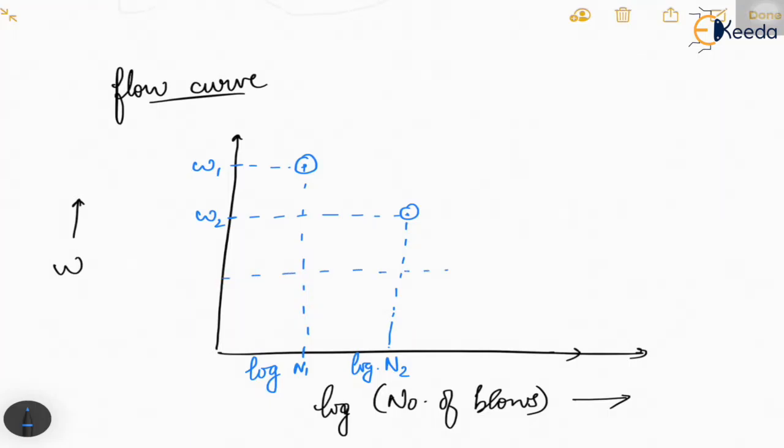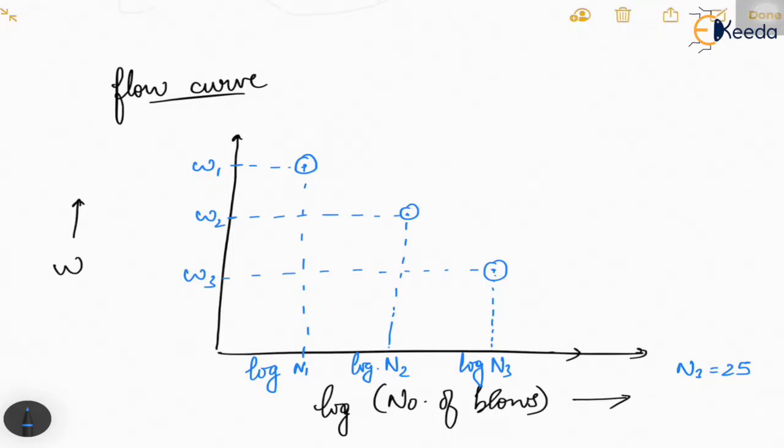Further, we were not satisfied, since we had not obtained the value of N2 as 25. We further modified the value of water content and took it as W3. At W3, we were able to find the value of N3 as 25. So this was the value we were looking for.